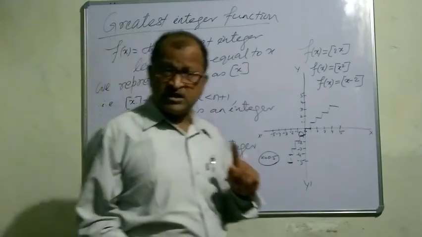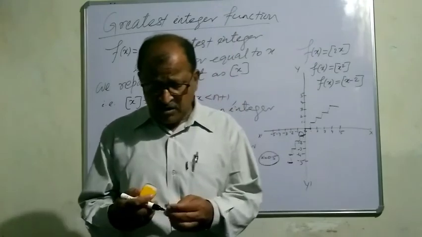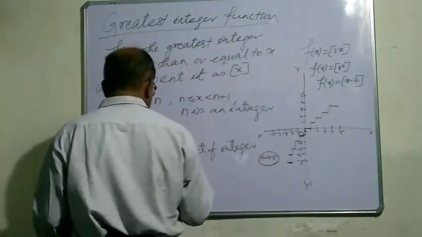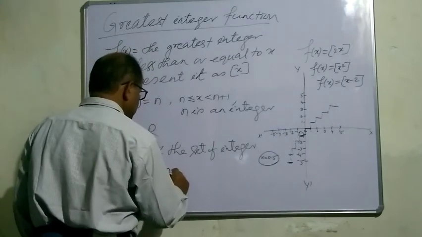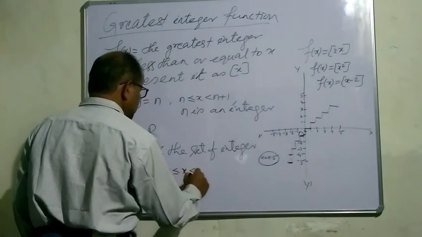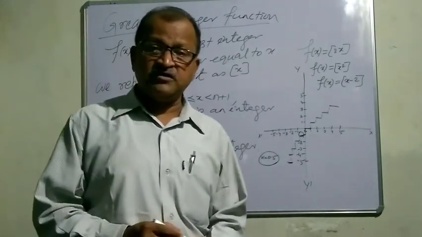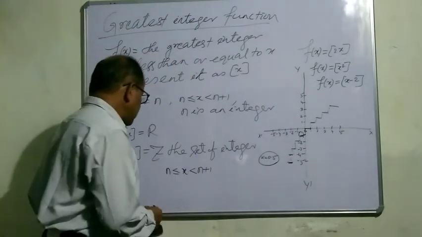Try to understand that x is a real number. x being a real number means it must lie between two integers, that means in this inequality. So its value will be what?